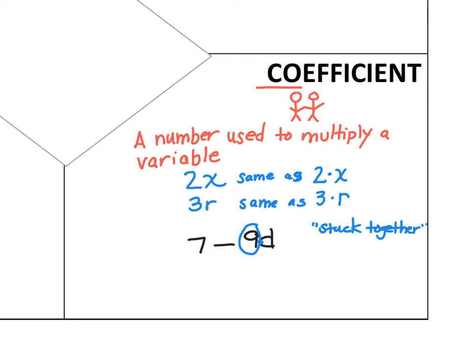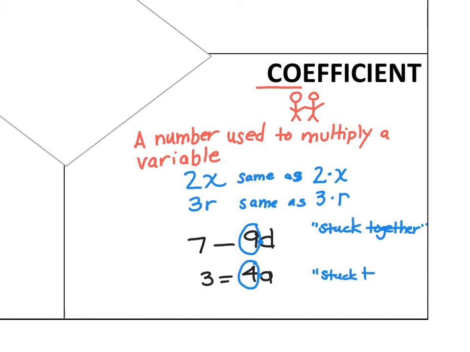Let's do an equation. What if I had 3 equals 4a? In this case, I would have one coefficient, which would be the 4, because it's being multiplied to the a.